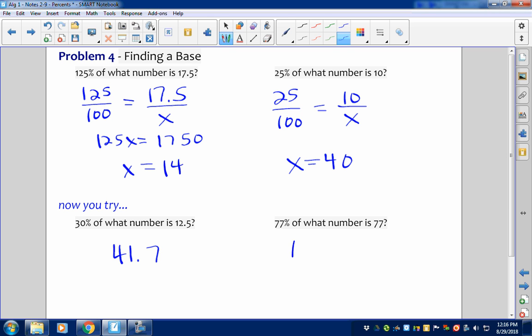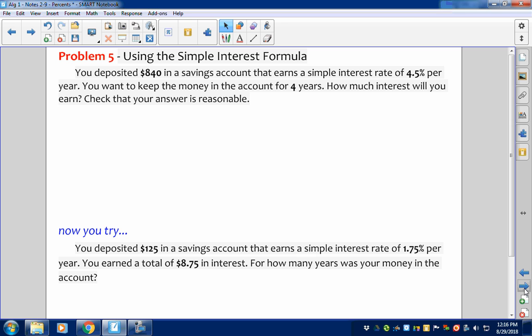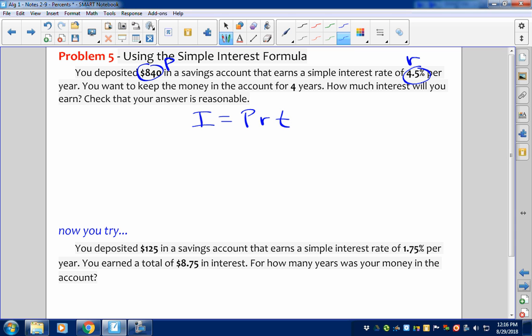All right, the last one on here is just using that interest equals principal times rate times time. So here's my principal P, here's my rate R, and here's my time T. Now when I go to do my rate, I need to change it to a real number.